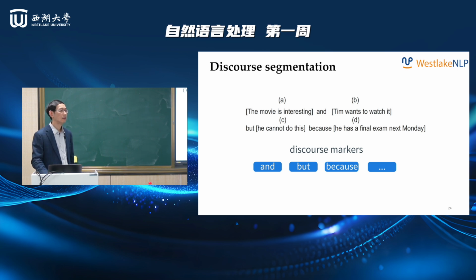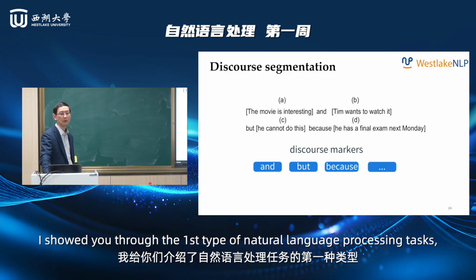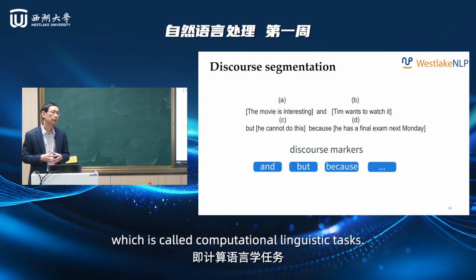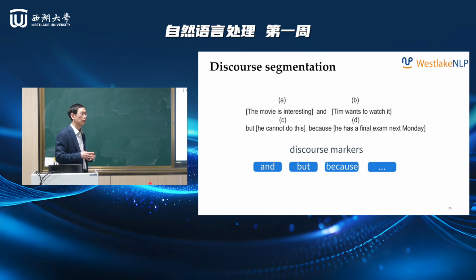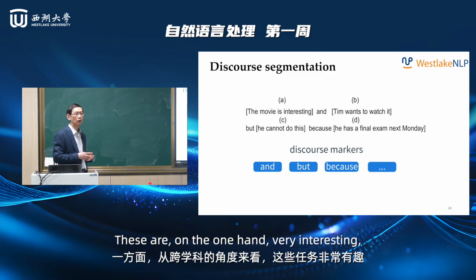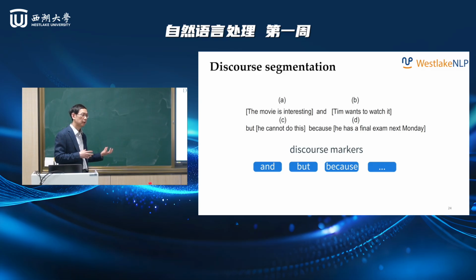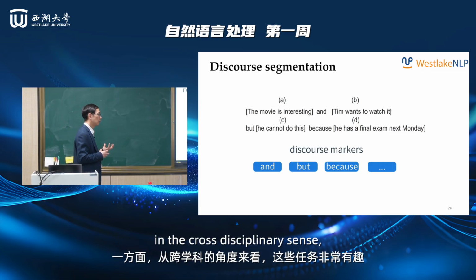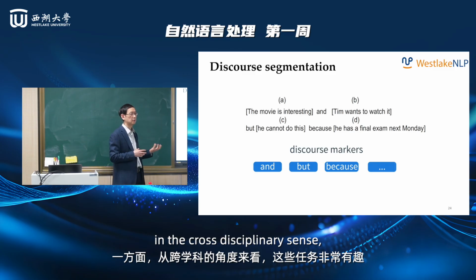All right, let's summarize. I showed you the first type of natural language processing tasks, which is called computational linguistics tasks. These are, on the one hand, very interesting in the cross-disciplinary sense.